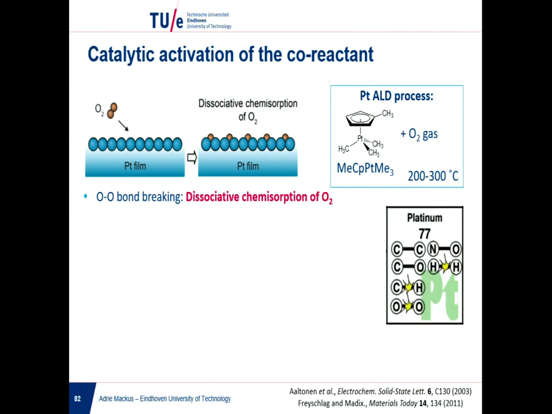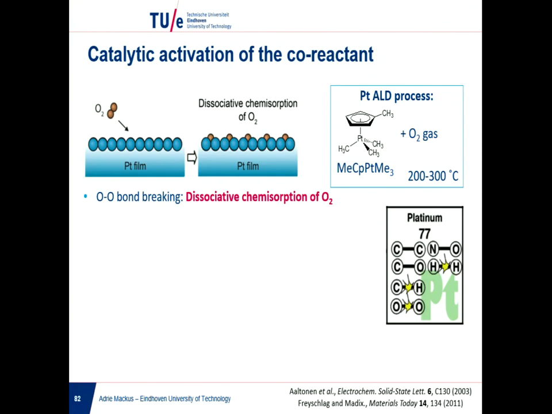But the bottom line is that once you have a material, you have to consider that this is a catalytic material. So it has, for example, catalytic activity for the dissociation of the co-reactant. If you come in with molecular oxygen and it dissociates on the surface, you have chemisorbed oxygen.